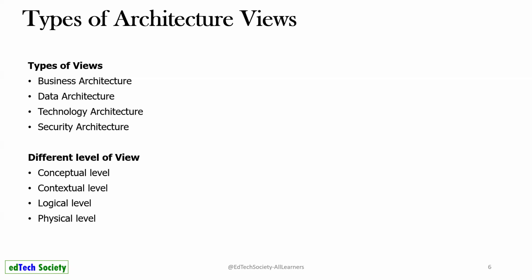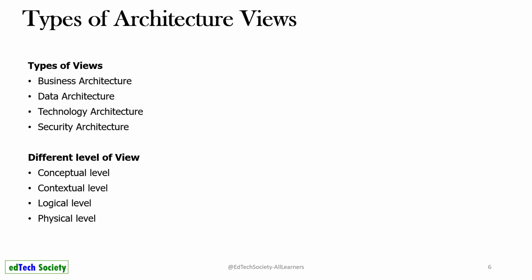It can be a business architecture, data architecture, technology architecture, security, and many other forms of architecture views. Some stakeholders are more interested in business architecture, and data-related people are interested in data architecture. So whichever architecture is needed, you create it at different phases of the life cycle.